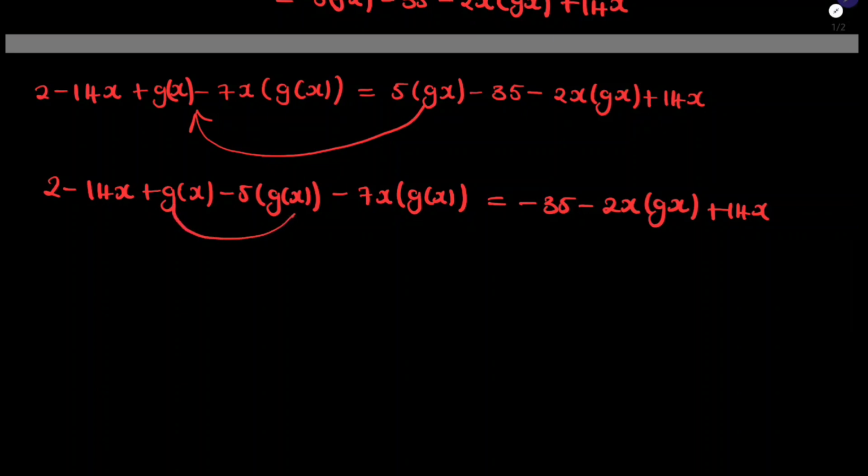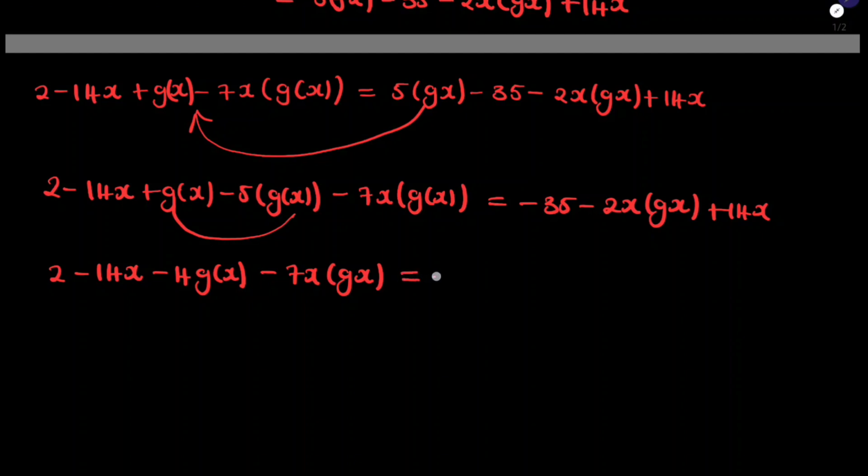So this is 1g of x minus 5g of x, that will give us minus 4g of x. So we will have 2 - 14x - 4g of x - 7x times g of x equal to -35 - 2x times g of x + 14x.